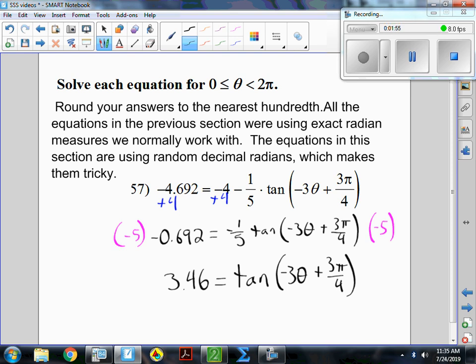I want to take the inverse tangent of both sides to get the negative 3 theta plus 3 pi over 4 by itself. Because there's a scalar multiple in front of theta, okay, there's a b, tangent b theta. That means the period is different. Instead of the period being pi, the period is going to be pi divided by 3, which also means that there's going to be 3 times as many solutions from 0 to 2 pi.